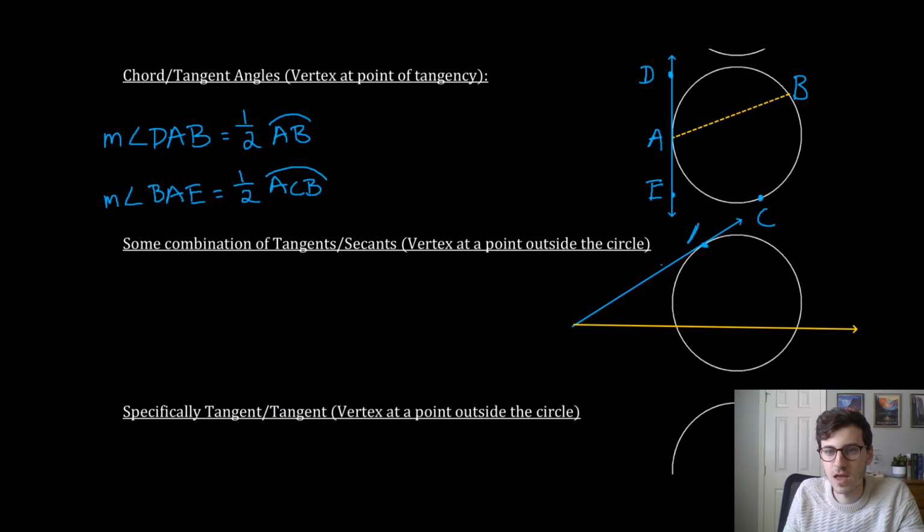So now we have A and B and C. Okay, the measure, and then let's call this, I don't know, D, why not?